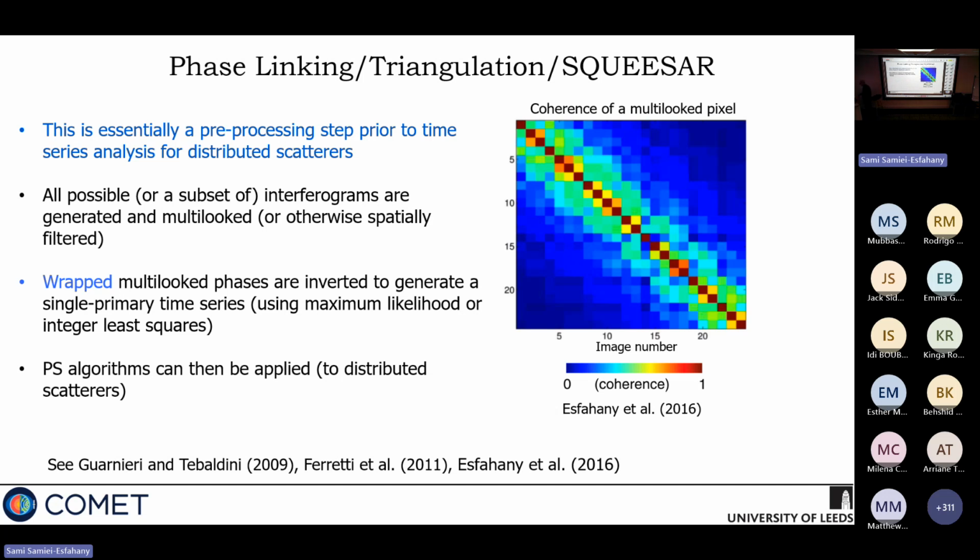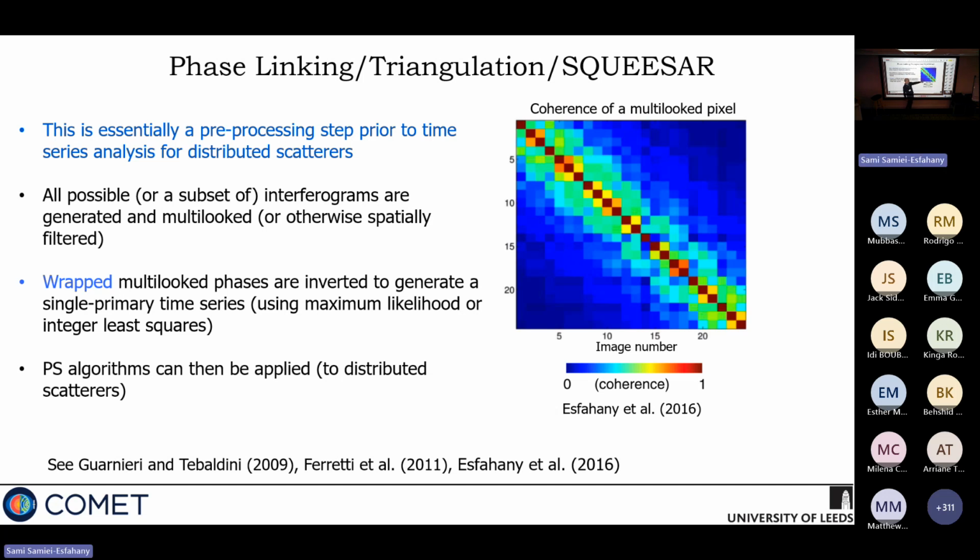That's expected. And the trick here is that there are different ways of doing this. You take these wrapped phases for each pixel, and you essentially invert to generate a single primary time series. If you just created a single primary time series directly, you'd see temporal coherence down here is useless.